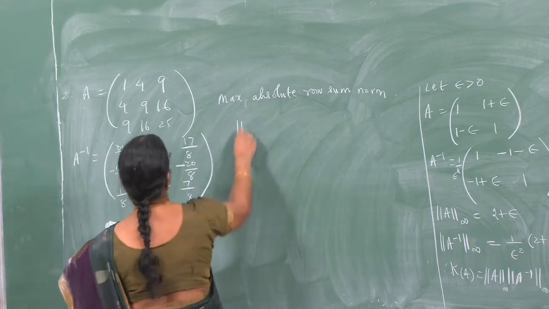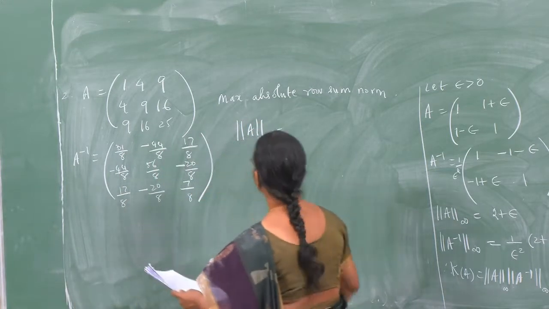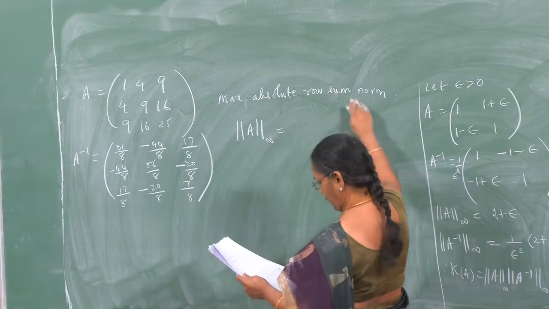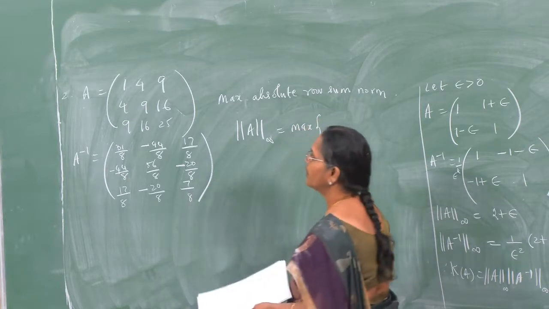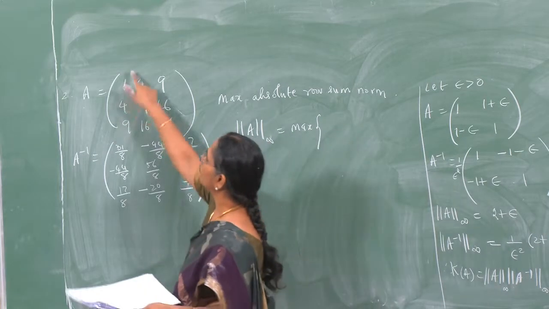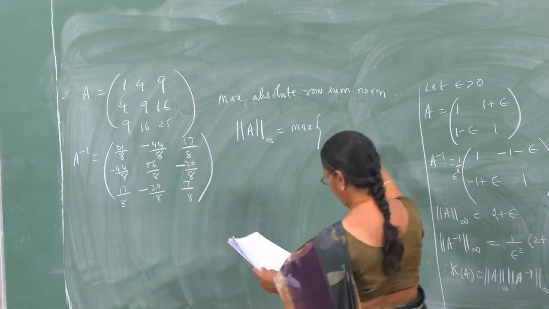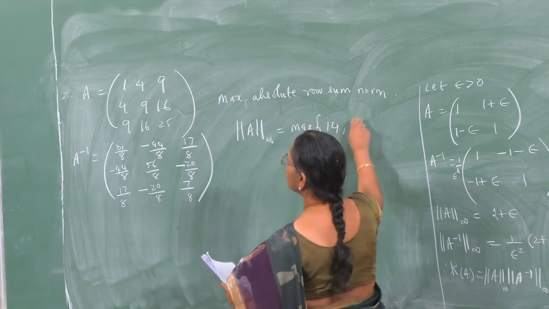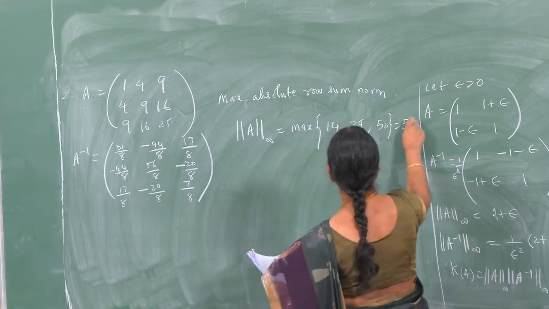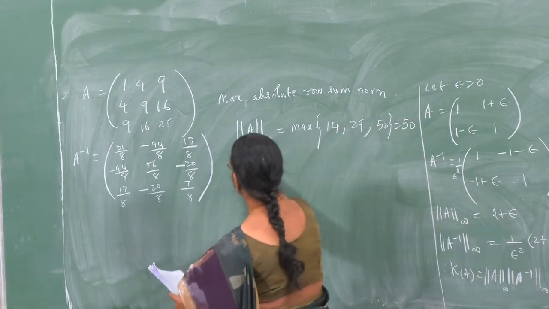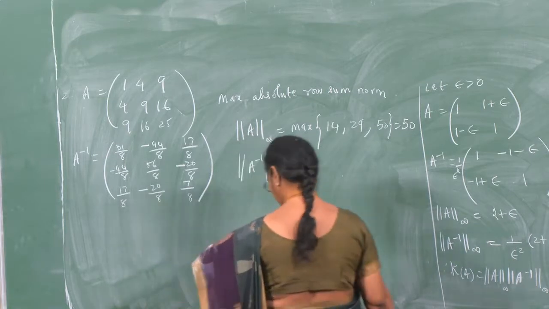I first have to compute norm A infinity, which is the maximum absolute row sum norm. So, I must take the maximum of the sum of the absolute values of the entries in each of these rows. It is going to be 14, then 29 and 50, the maximum is 50. Next, I compute norm A inverse infinity.